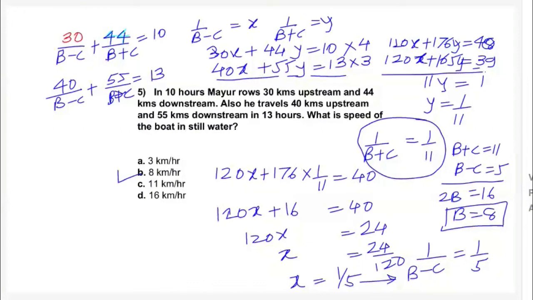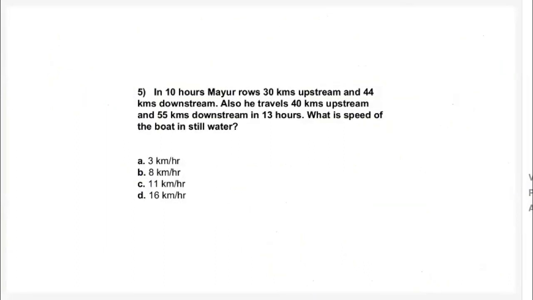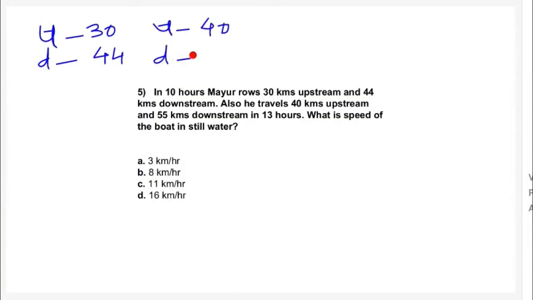Okay, now we'll move towards the short trick method. Upstream 30 km and downstream 44 km. Upstream 40 km, downstream 55 km.